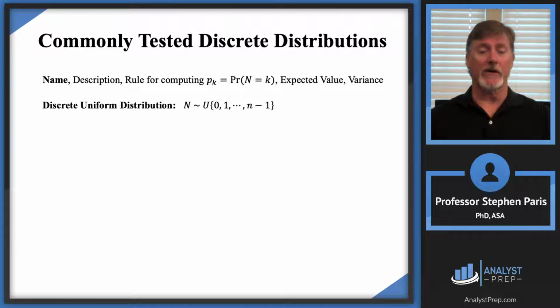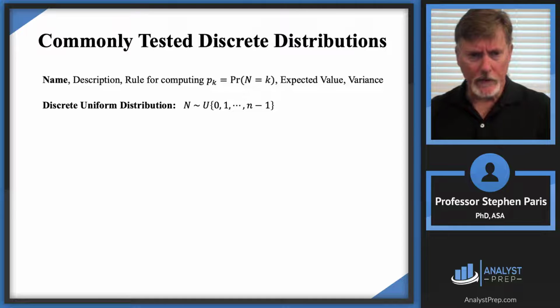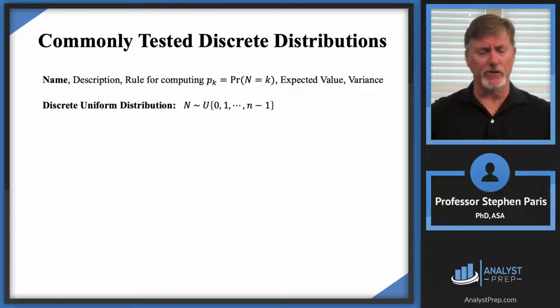And again, we've talked about this before. The discrete uniform distribution that I want to focus on is the one whose support is 0, 1, 2, 3, and so forth, up to some ending value. So the smallest value that the random variable can take is 0 in this case, and the largest value that the random variable can take is n minus 1.